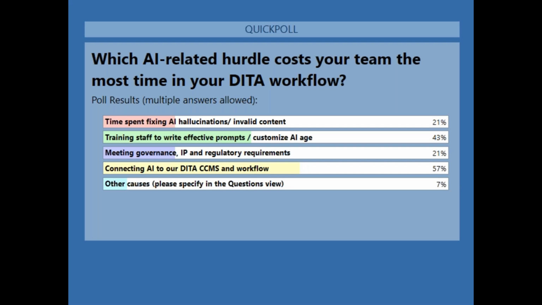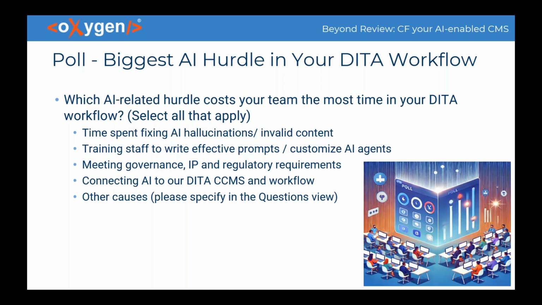And then there is an equality with 21% between governance and regulatory requirements and fixing AI hallucinations. Yeah, that's good news, because the most pressing problem is what we set out to solve.